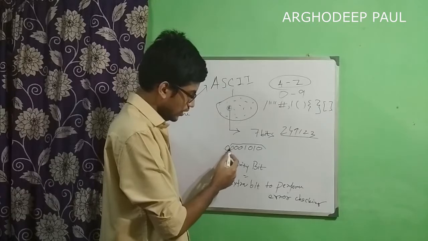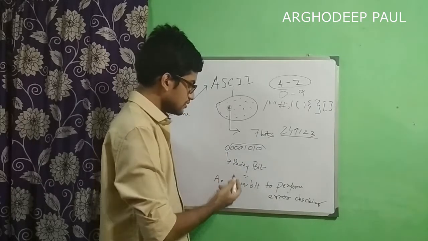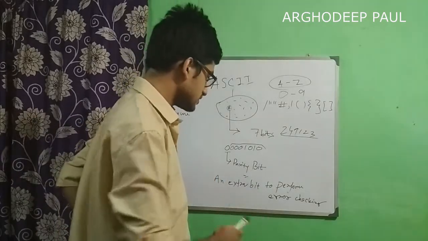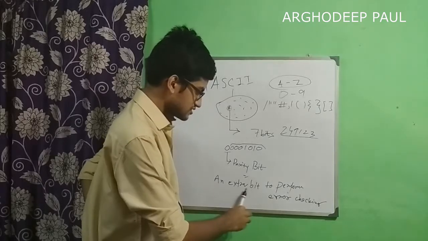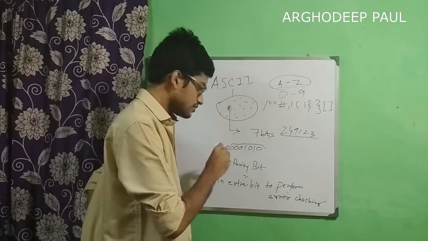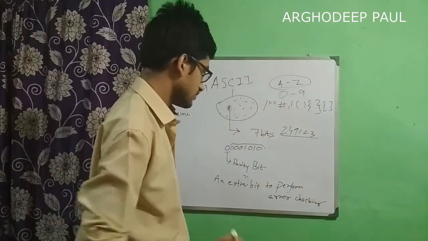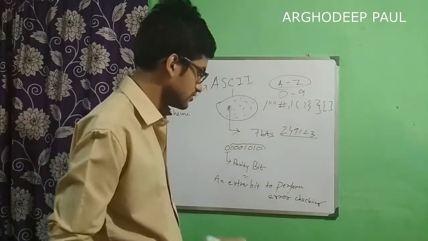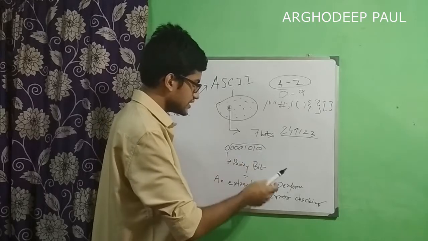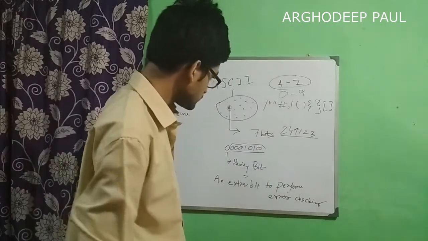But 1 bit is added to the left side because it serves another purpose. That purpose is an extra bit to perform error checking. This extra bit will always be 0. It is used to do some error checking in the future, not for now. The main series of bits is these 7 bits.